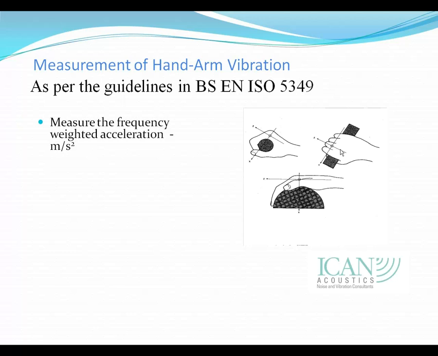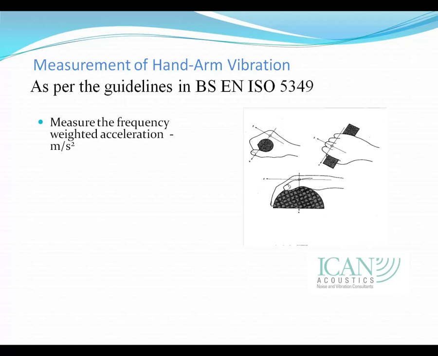In terms of your handle or the handle of the device that you're testing. Now, it is important to note that there is a weighting correction that is applied to these measurements. The instrumentation that we use has a weighting correction, so it's a weighted acceleration.